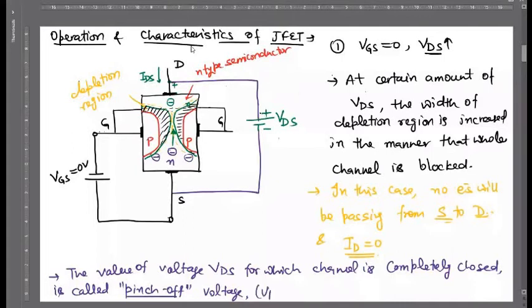Okay, understood? So here, at VDS equals VP, ID becomes 0.